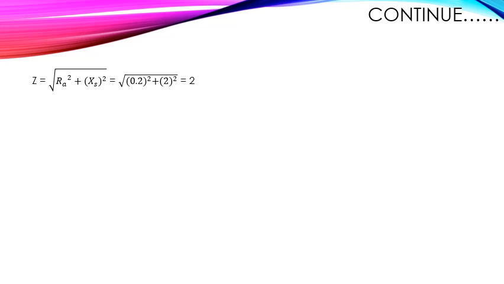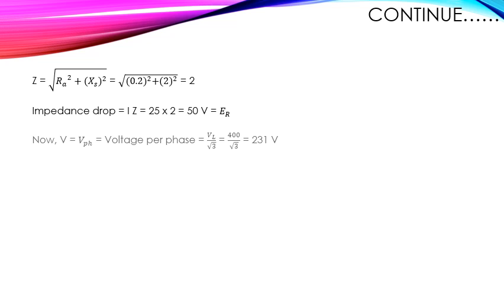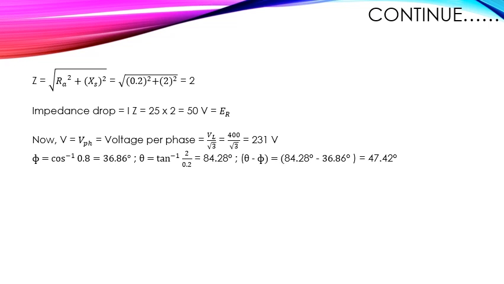Then put the values and get the impedance, then impedance drop, then voltage per phase. Power factor is given as 0.8, so take the cos inverse of 0.8, then we get the phase angle, that is 36.86 degree. Then take the ratio of XS and RA, and then the tan inverse of that, we get the angle theta, that is 84.28 degree, and then the resultant angle theta minus phi will be 47.42 degree.